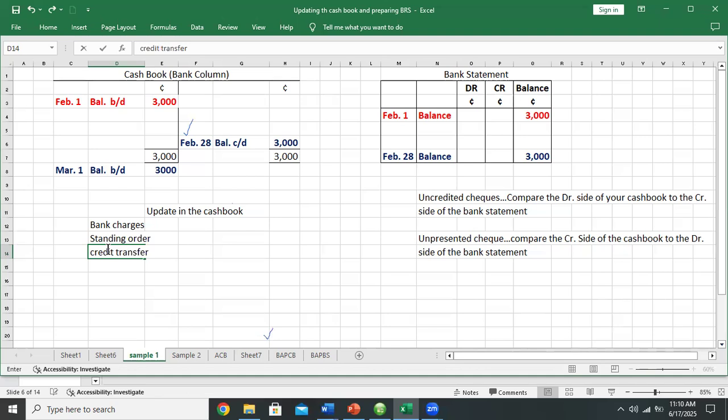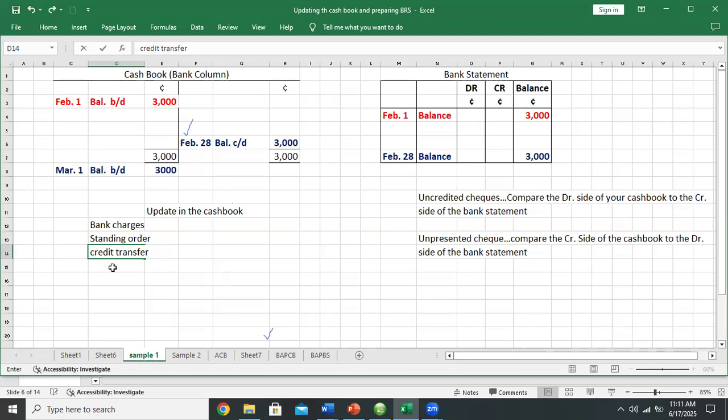You don't know. So you might be thinking that you have 200 cedis in your account. Later you go and check and it is 500 cedis. You would investigate and see that it's your daddy who transferred money into your account. So if you see that, you go to your cash book and update it there, for this is a legitimate transaction.